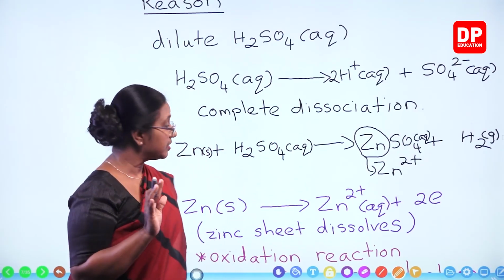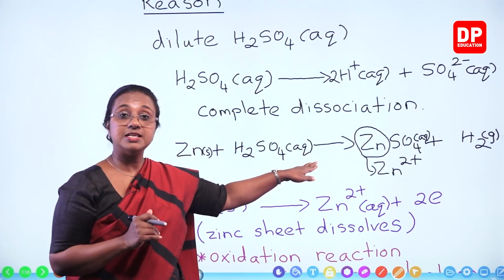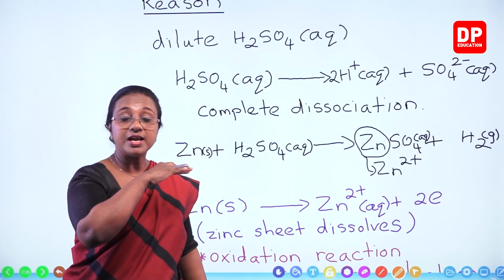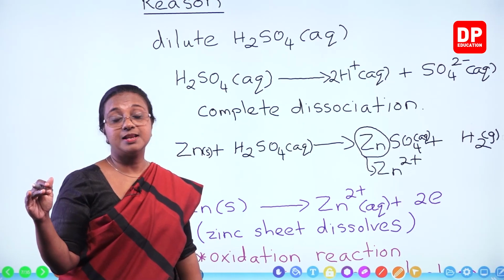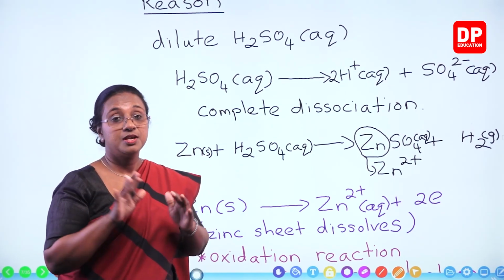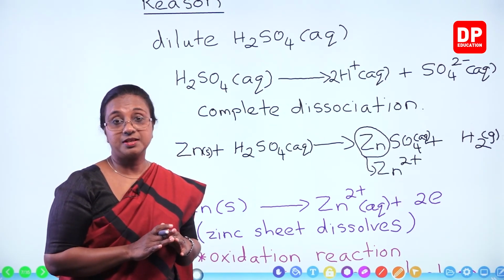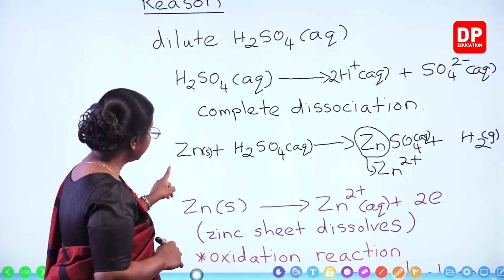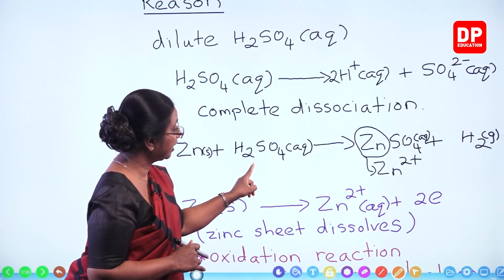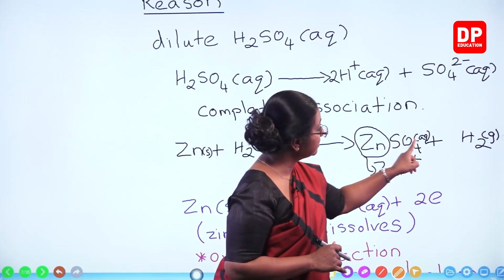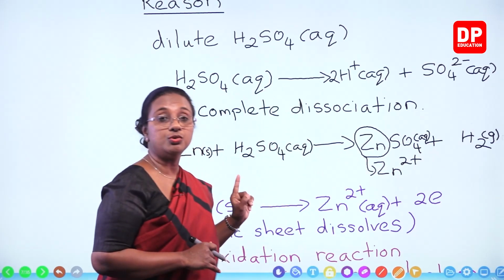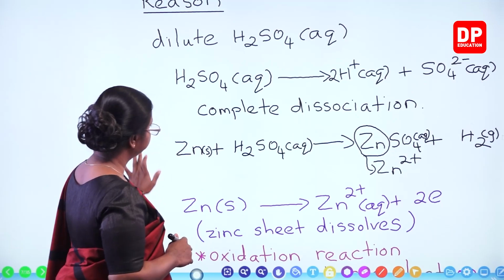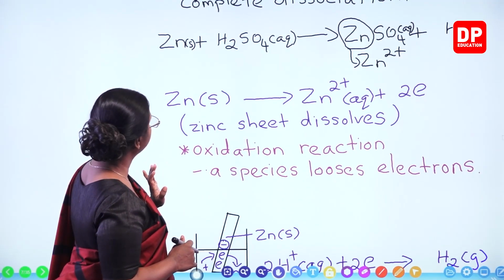Always remember, students, the modern method of writing the physical state of reactants and products is to write them along with the components within brackets. You don't write it as a subscript. So zinc solid with H2SO4 aqueous gives zinc sulfate aqueous plus H2 gas, if you include the physical states.